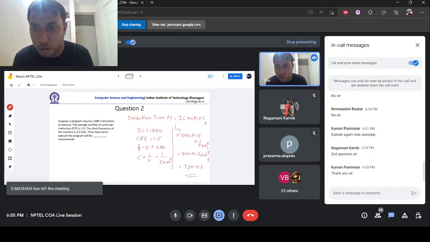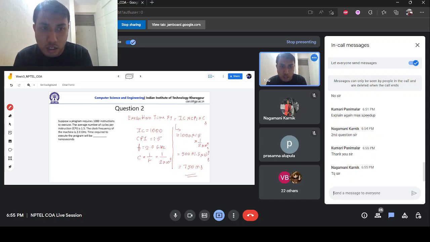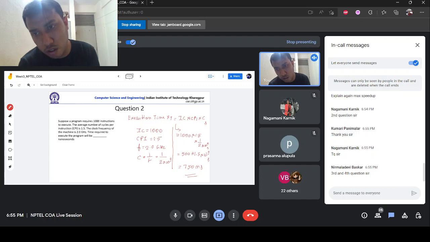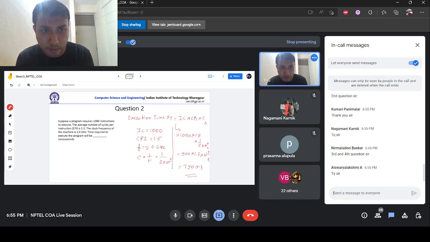The execution time is given by this formula: IC times CPI times C. IC is 1000, CPI is 1.5, frequency is 2 gigahertz, and C equals 1 by F, so 1 divided by 2 into 10 to the power 9. Substituting the values, if you calculate this, it will come down to 750 nanoseconds.